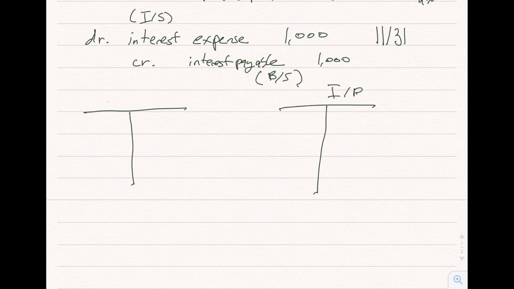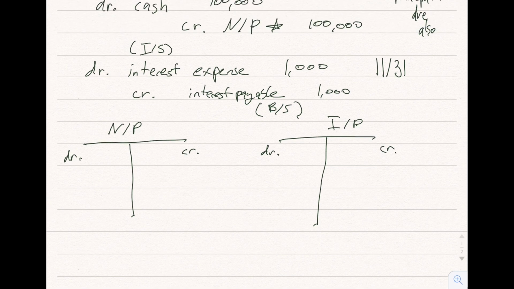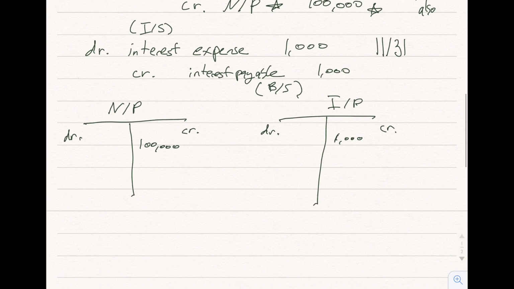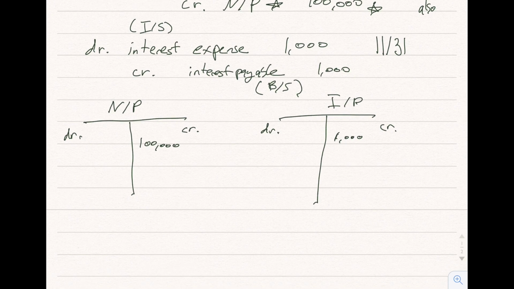All right, so we had note payable. Debit's always on the left, credit's on the right. So this journal entry here, 100,000. Interest payable, 1,000. So when I say interest payable is a summary account, don't let that confuse you.